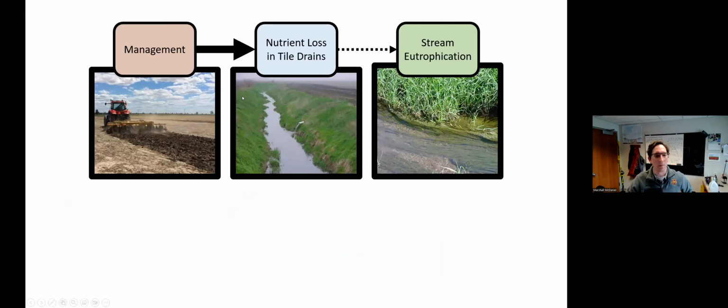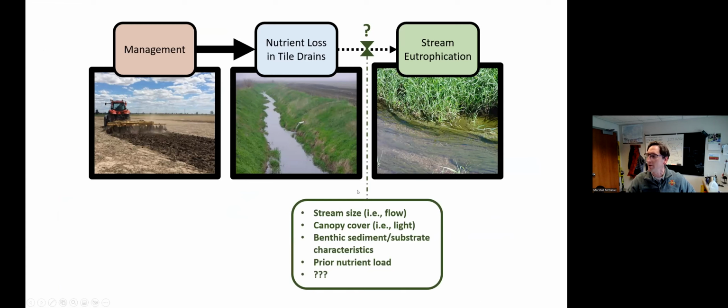There are management practices that affect nutrient export, and then we really don't know what happens after that. You can study all these things in the stream, but that's very difficult to do. You have to have a large sample size or study one stream over several years and change the management practice. But yeah, there are different ways to think about it.